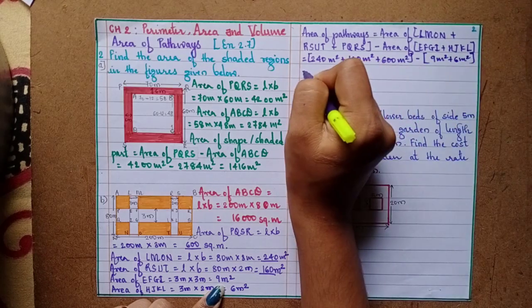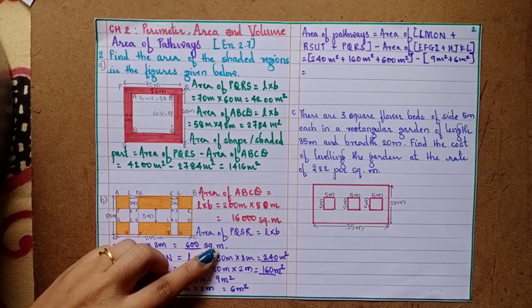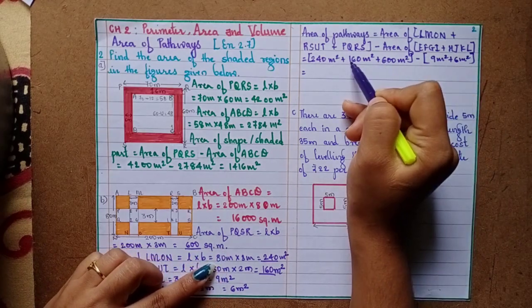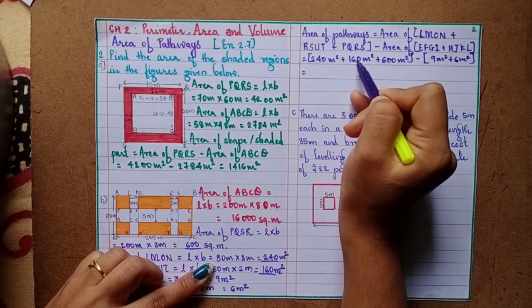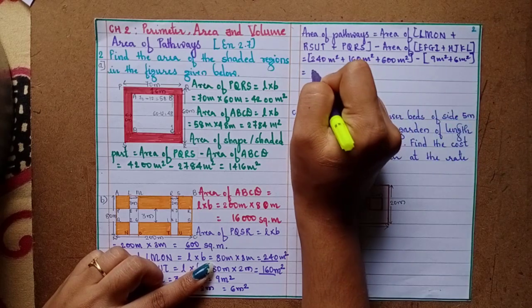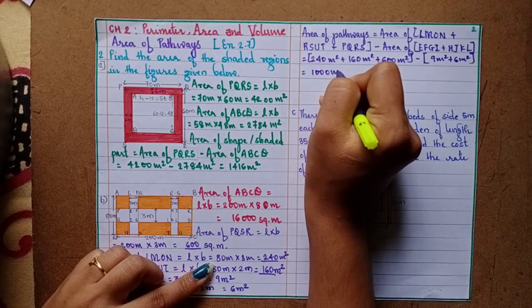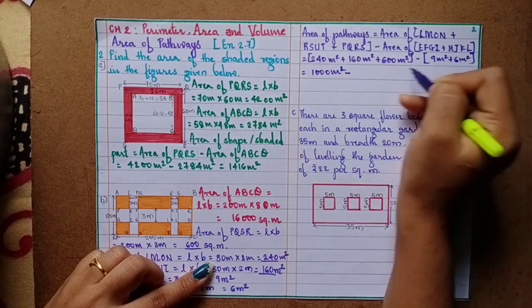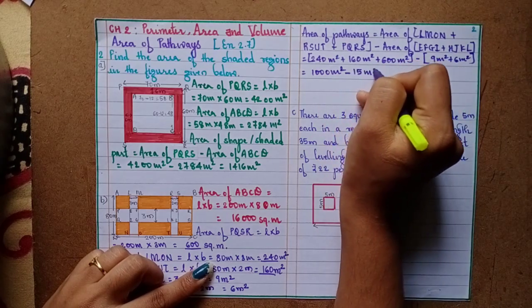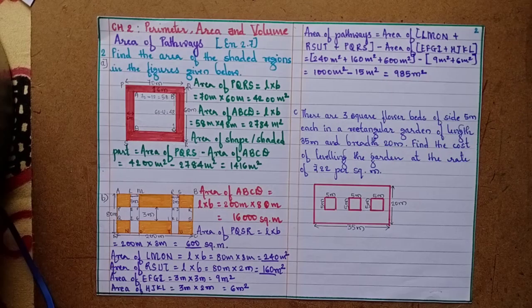So let's add them together now. 600 plus 240 is 840, plus 160 makes it 1000, so it is 1000 meter square. From this subtract 9 plus 6, which is 15 meter square, and that will give us 985 meter square.